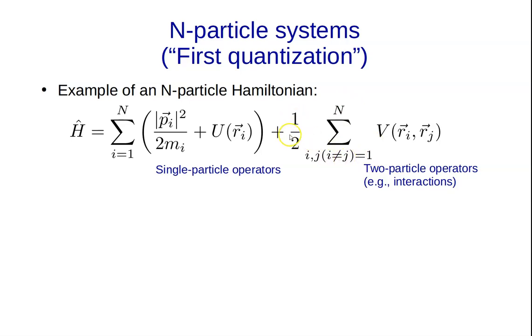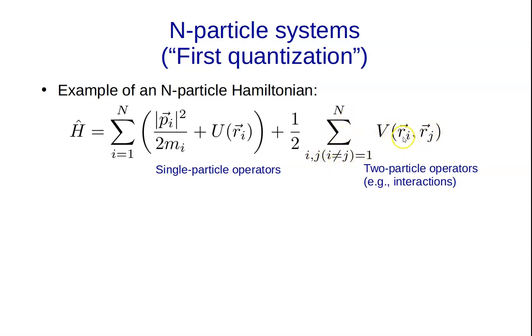And I included this factor of 1/2 here to discount for the fact that when i is, say, 3 and j is 4, this sum will include a two-body operator at positions R4 and R3 as well, because the sum runs independently.